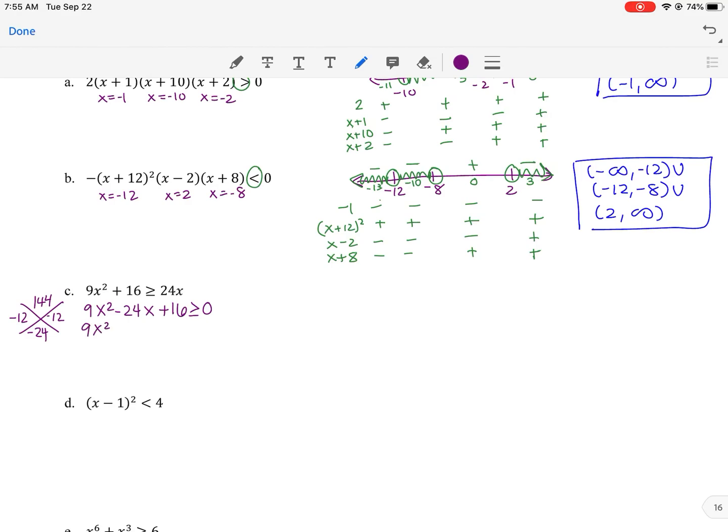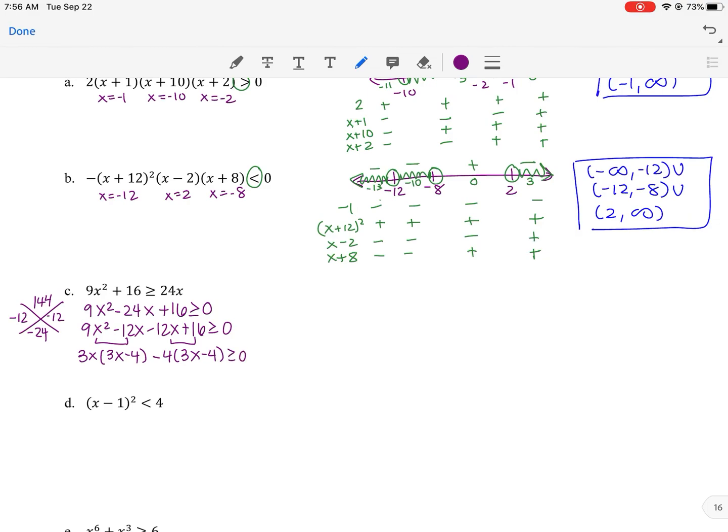So if I go through and rewrite the middle term as negative 12x minus 12x plus 16 is greater than or equal to 0, and I think about my grouping, I do get a GCF of 3x for the first one, and then I have 3x minus 4. For this next, I have a GCF of negative 4, 3x minus 4.